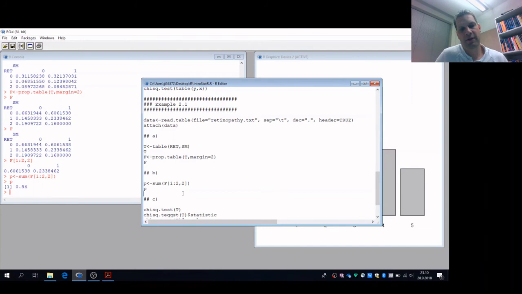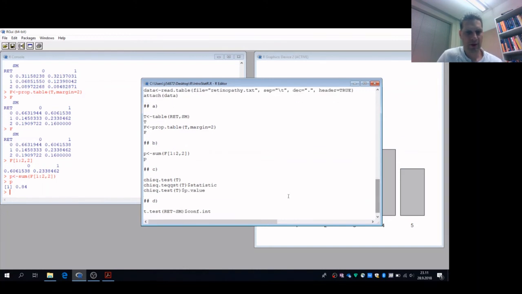So 84% of persons who are smoking are not suffering from severe retinopathy or blindness.